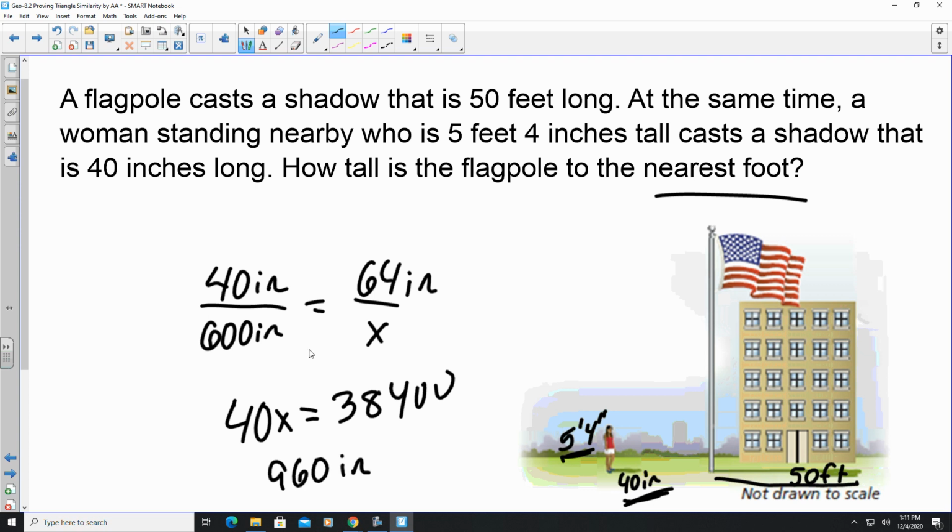So the flagpole is 960 inches, but they want us to find it to the nearest foot. So I'm going to take 960 divided by 12, which tells us that our flagpole is 80 feet tall. And that is being able to prove triangle similarity by angle-angle. Hope this helps. Till next time.